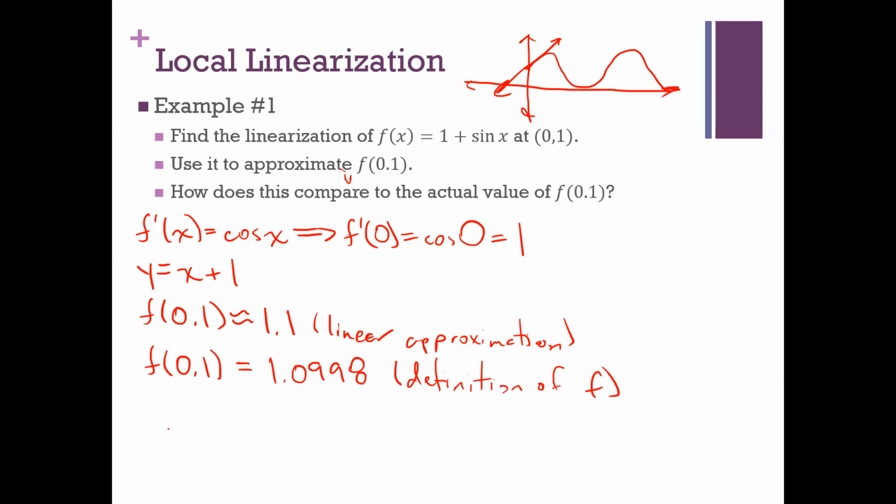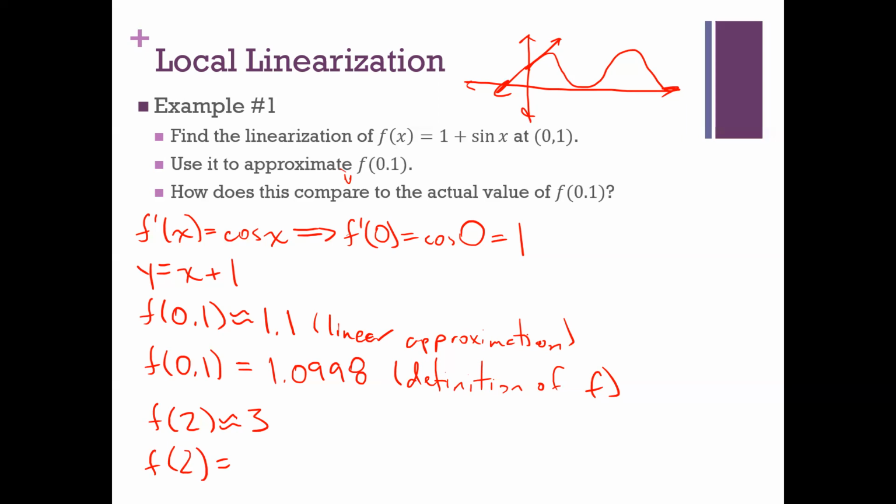And just to be clear, what is f of 2 approximately? 3? If you know how the sine function behaves, you'll know that 1 plus sine of x will never reach 3. But I'm just doing this to give you an extreme example of why this falls apart quickly.